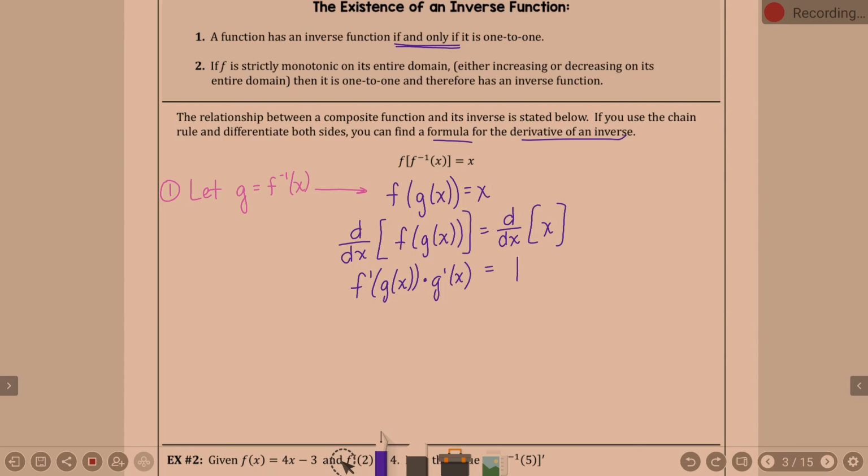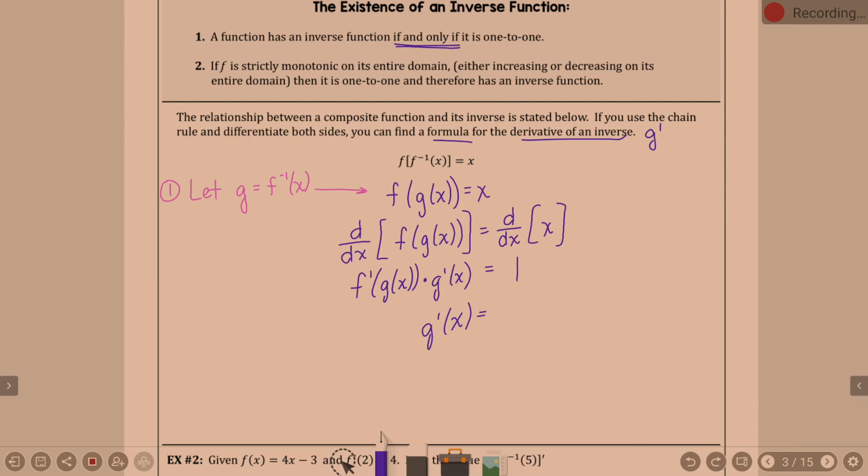Now, we want a formula for the derivative of an inverse. What are we using for inverse right now? G. So we want a formula for G prime. How do I get G prime by itself? Divide by that first piece.